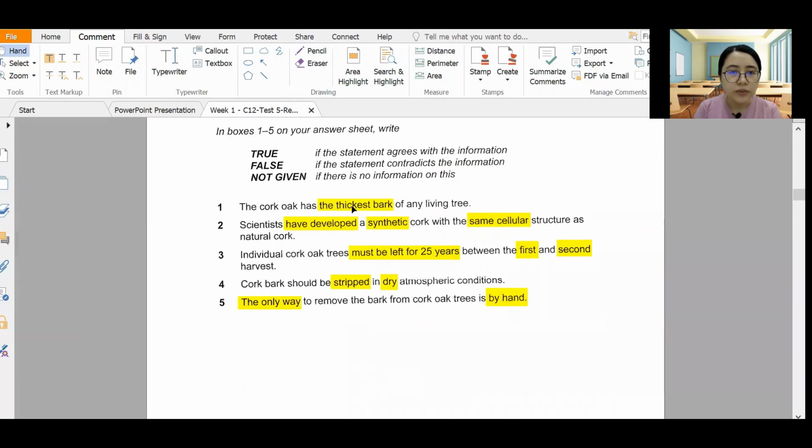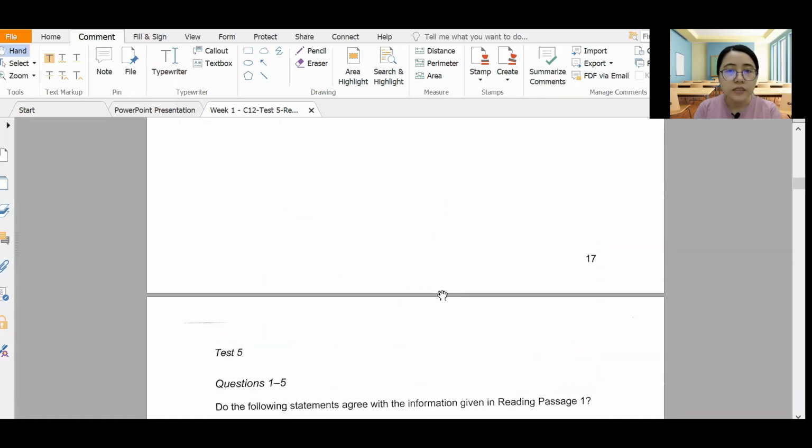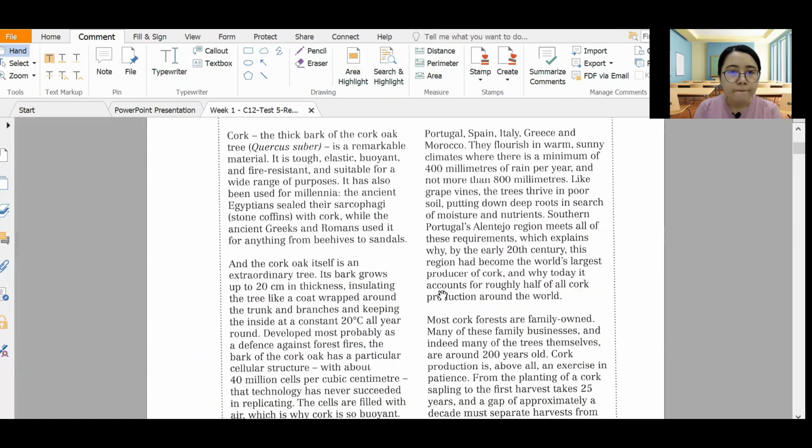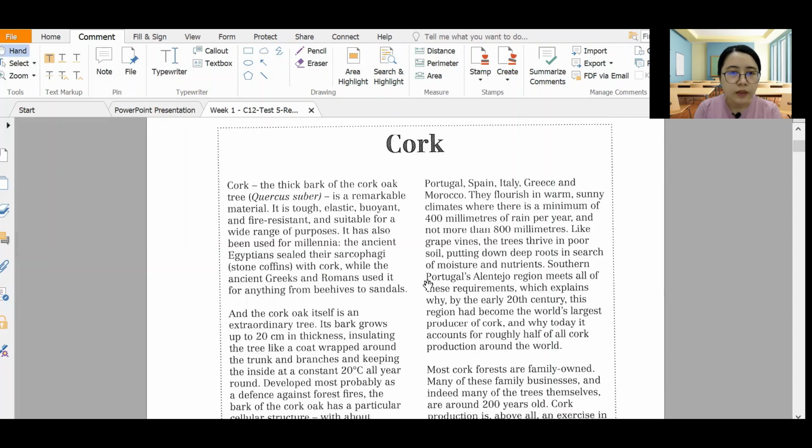The first information is thickest bark of any tree. Let's see. Thick bark of a cork tree is a remarkable material. It talks about thick bark, remarkable material, tough, elastic, and so on.